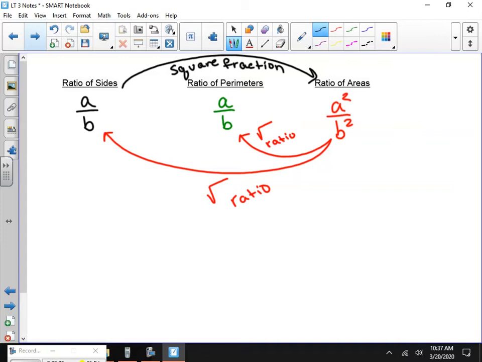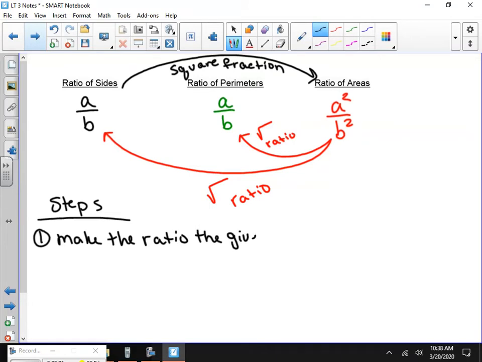Step 1: you're going to make the ratio they give you. It might be the side ratio, it might be the perimeter ratio, it might be the area ratio. Whatever ratio they give you, you're going to make it. Then step 2: you're going to identify the type of ratio your variable is in.